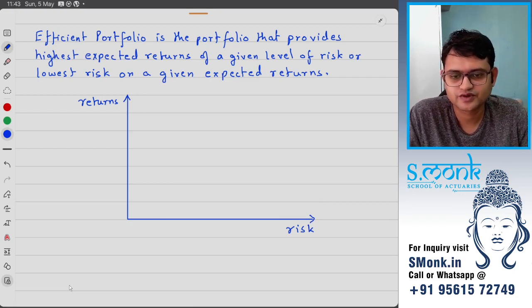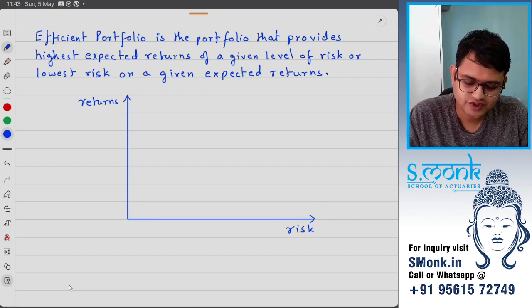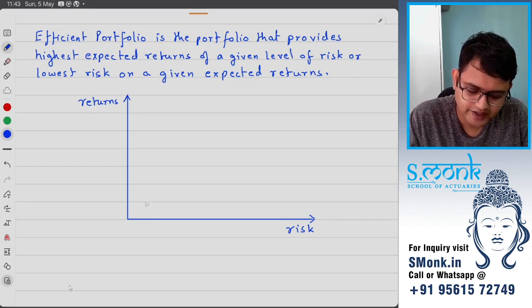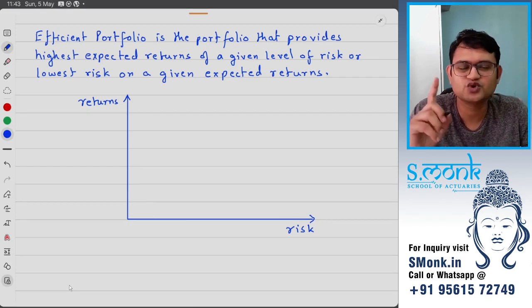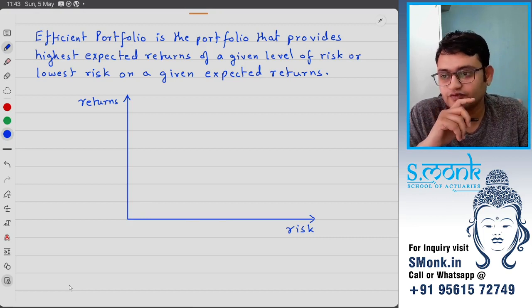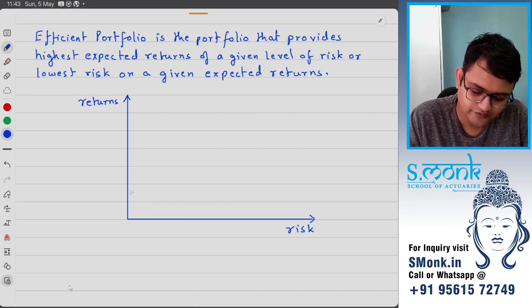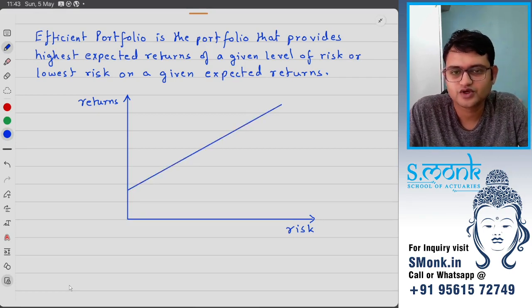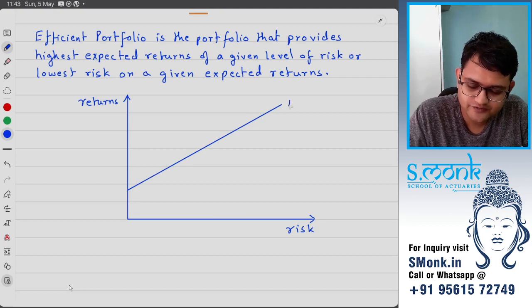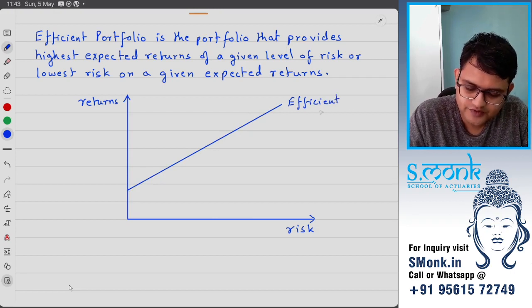So what happens is, most likely I will get an efficient portfolio. It's going to be a straight line, but we'll understand that later, why it is going to be a straight line. For now I'll just draw a straight line. So this line is the efficient portfolio.